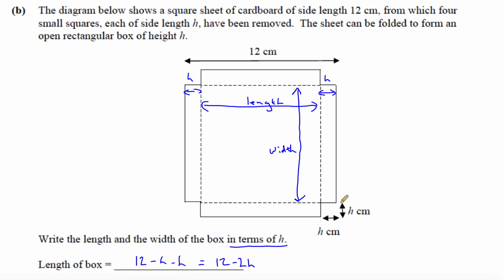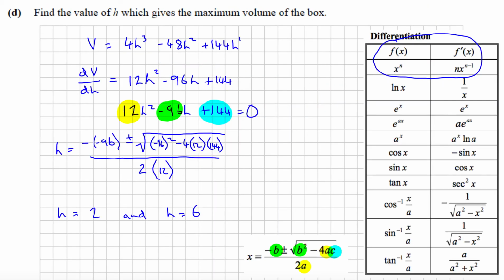And if h was 6, and this h was 6, that means there would be no length, because 6 and 6 is 12. So the 6 value can be disregarded. You can disregard this value. So the answer then is h is equal to 2. So you need to check the values with the real life situation. So the value of h is 2.